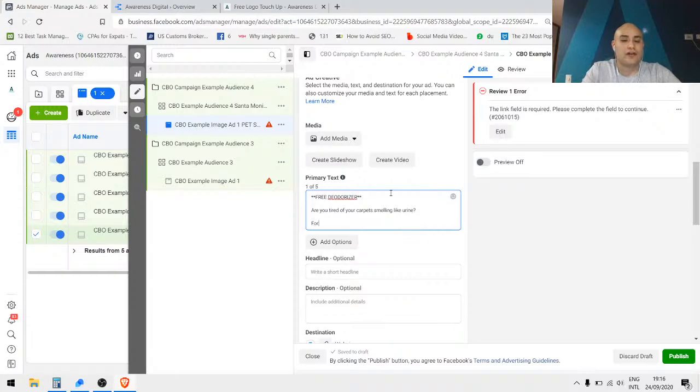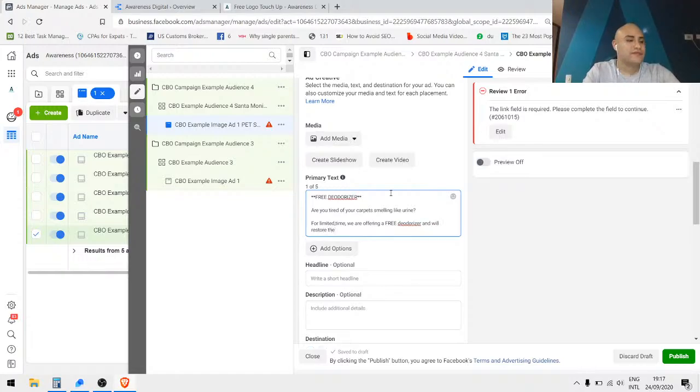So then you'd have, "For a limited time, we are offering a free deodorizer, and will restore the fresh scent of your carpets back to normal." Again, this is dumb. I'm just doing this off the top of my head.